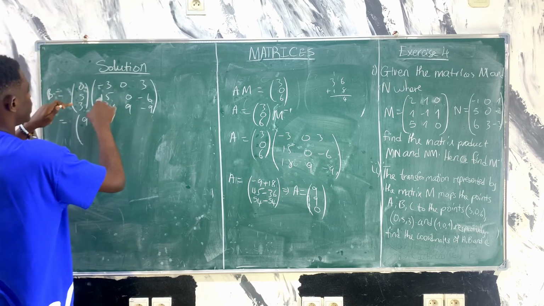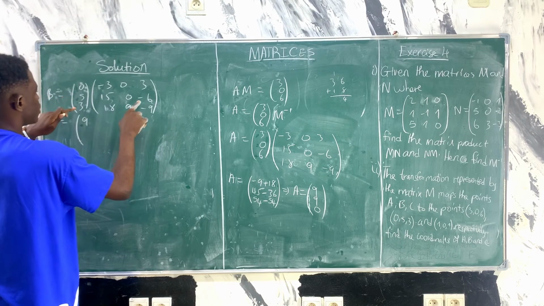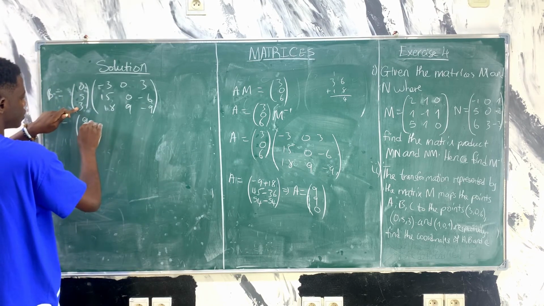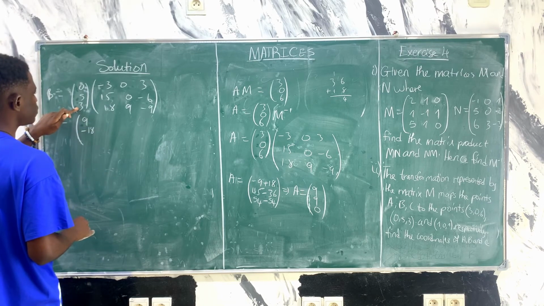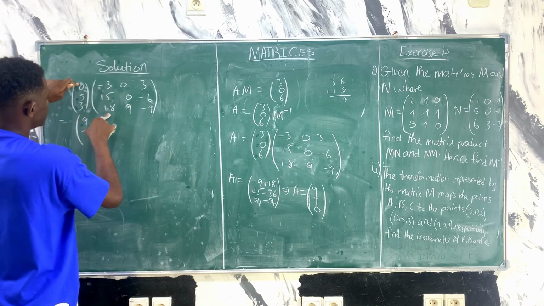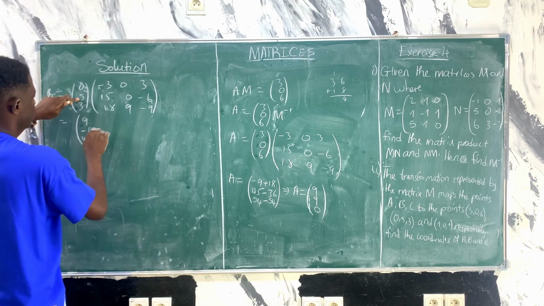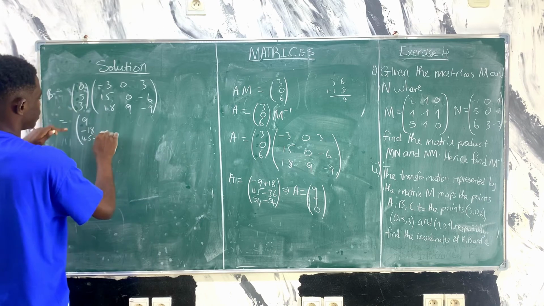Going to the second line, I'm going to have 0 times 3, 0, 5 times 0, 0. Here is minus 18. Going to the third line, 0 times 3, 0. Here is 45. Here is minus 27.